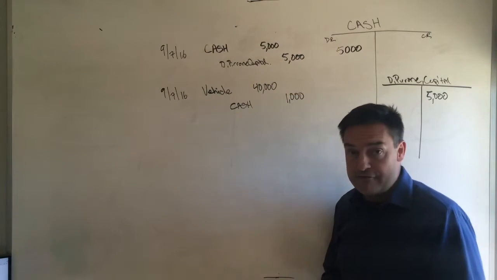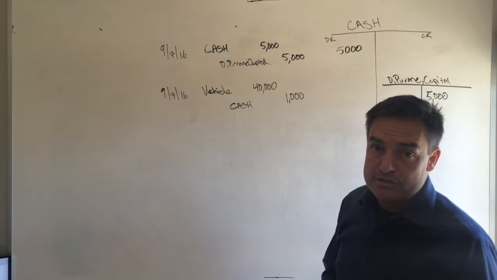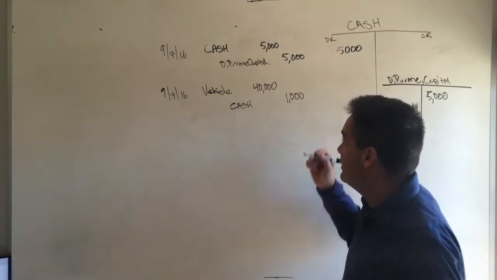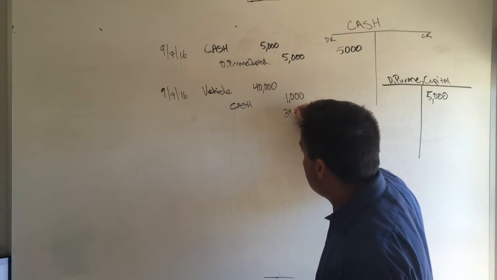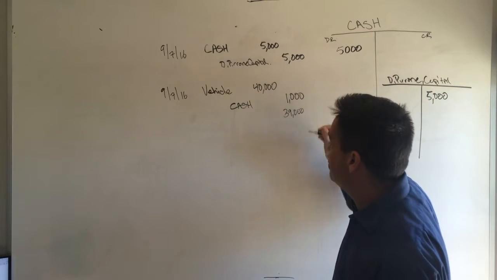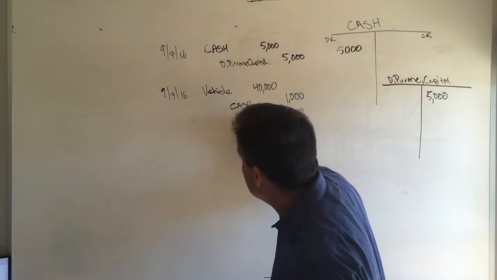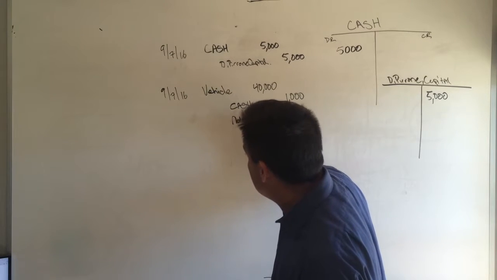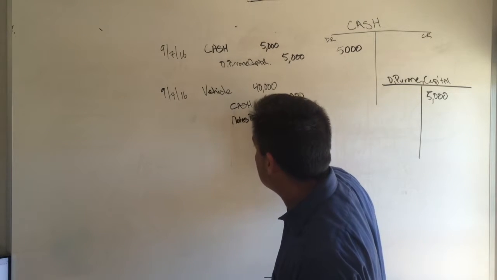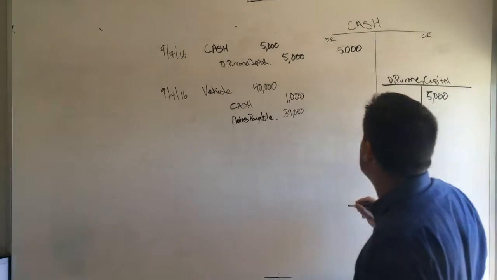And if you can see, we have $40,000 worth of debits, only $1,000 worth of credits. So of course we need another $39,000 worth of credits to make this work. And the account that we are going to credit is notes payable. So that's the account that we're going to credit.